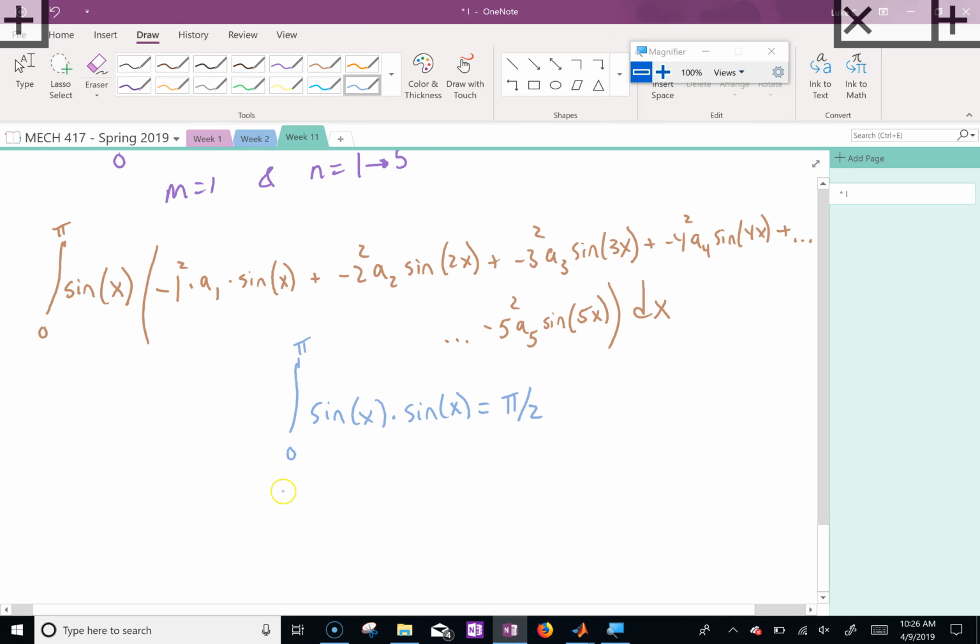Then if you integrate anything else, like 3x or whatever, you get 0.